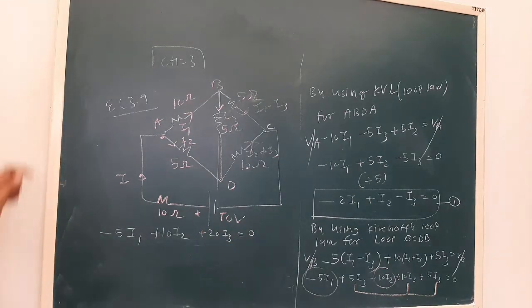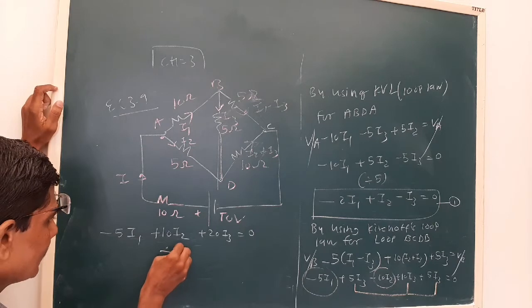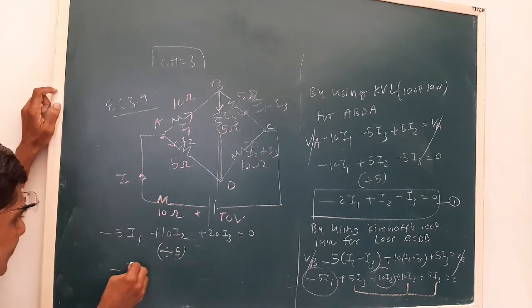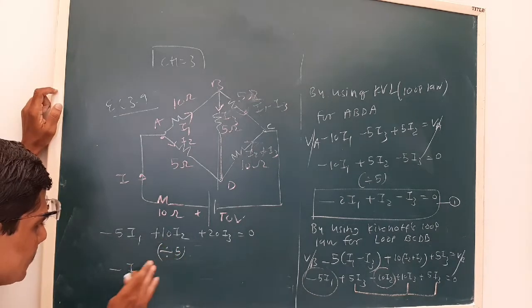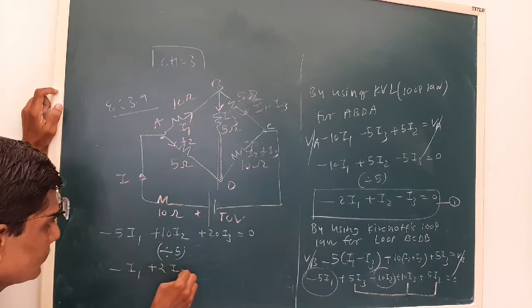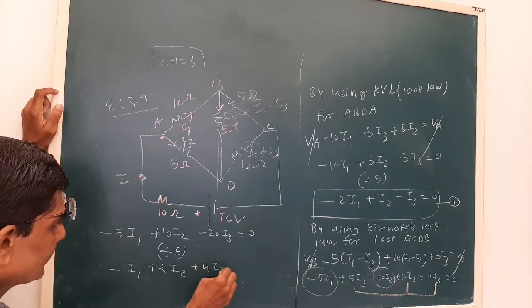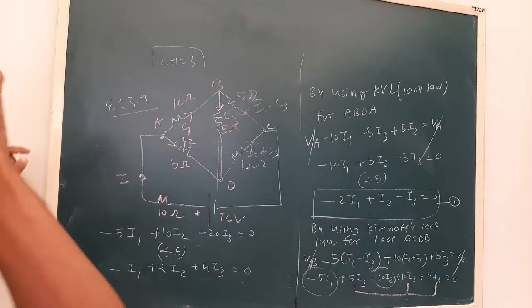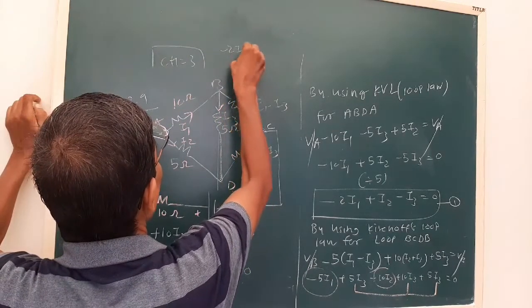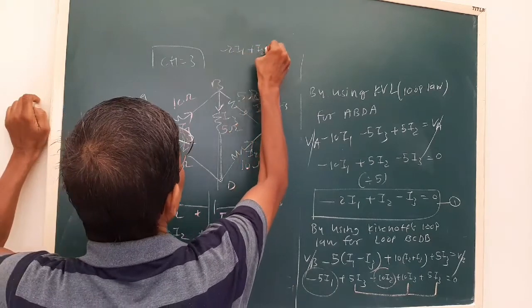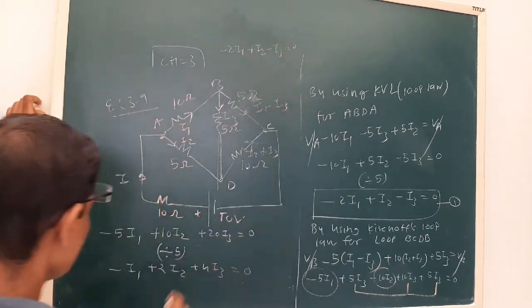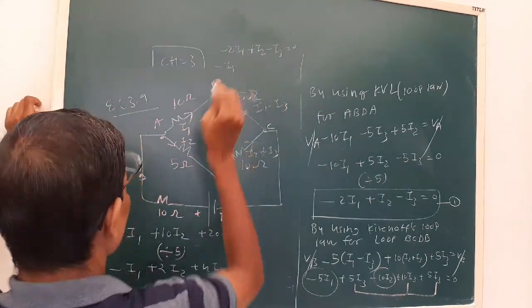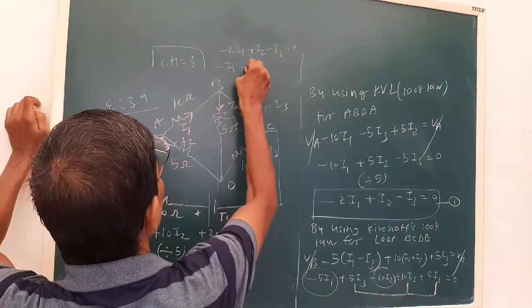Again all are multiples of 5, so minus I1 plus 2 I2 plus 4 I3 is 0. Now these are the equations we have obtained: minus 2 I1 plus I2 minus I3 is 0, and minus I1 plus 2 I2 plus 4 I3 is 0.